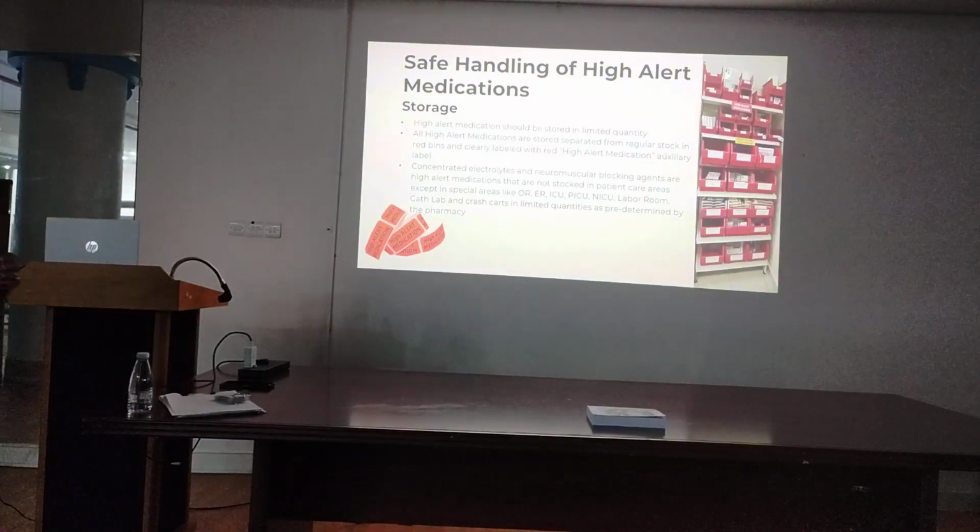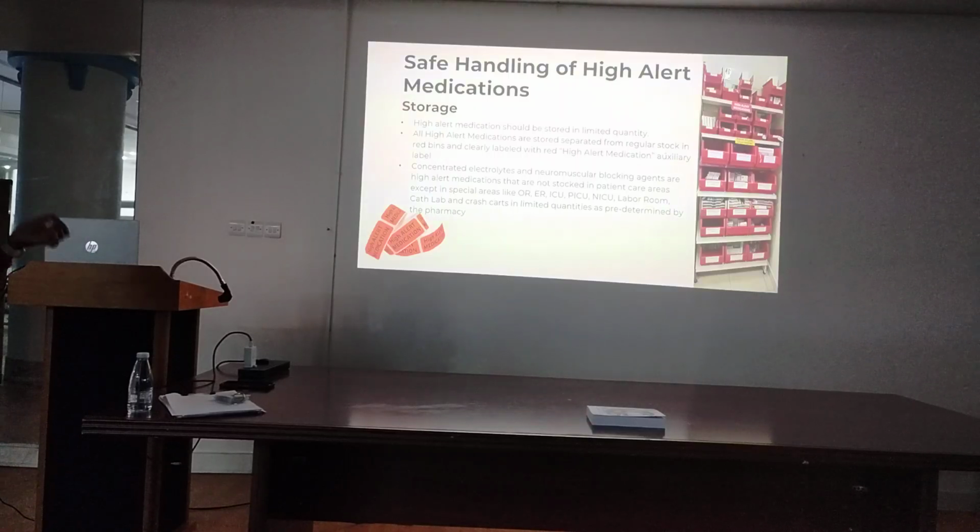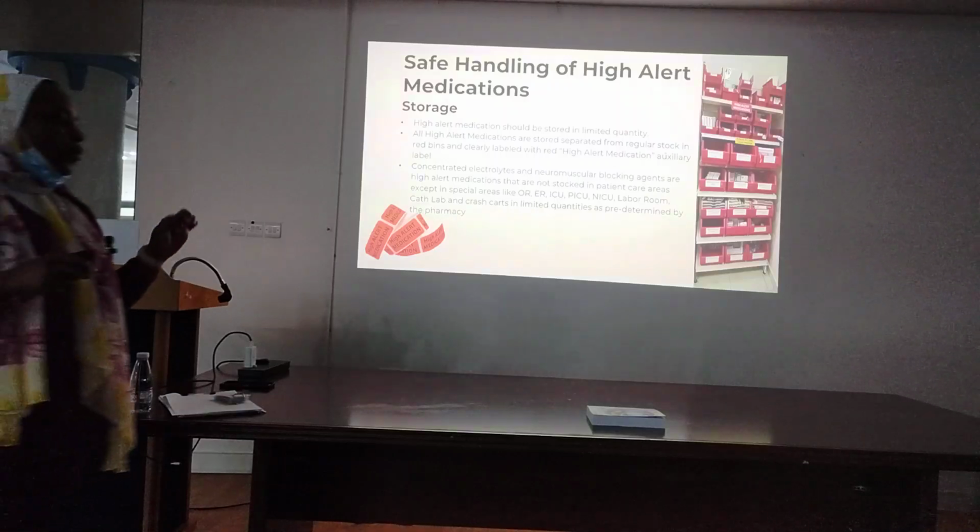We reduce the quantity. So when we store them anywhere in this hospital where the high alert medications are stored, they are stored in very limited quantities and separated from the regular stock. So if you have your regular stocks in blue bins, these are separated in red bins aside, labeled with high alert labels.